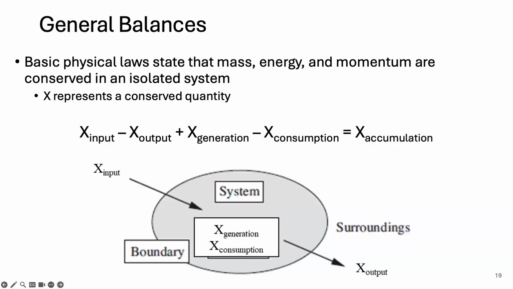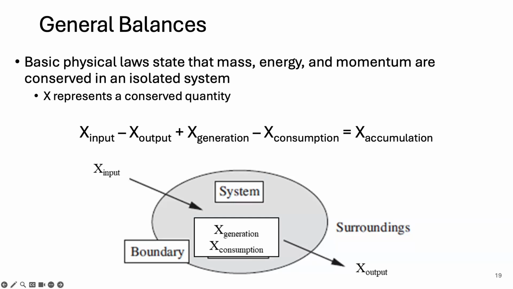One of the main tools that we'll be using in chemical reaction engineering are general balances. Specifically, we'll be doing a lot of mole or mass balances, and later on energy balances as well. But in general, balances are physical laws that state that mass, energy, and momentum are conserved in any isolated system. So mass cannot be created or destroyed.